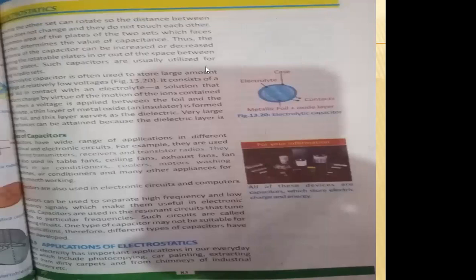You can see the figure 13.2, which shows the type of electrolytic capacitor. They use less voltage and provide more capacitance in the circuit. So this type of capacitor is called an electrolytic capacitor.